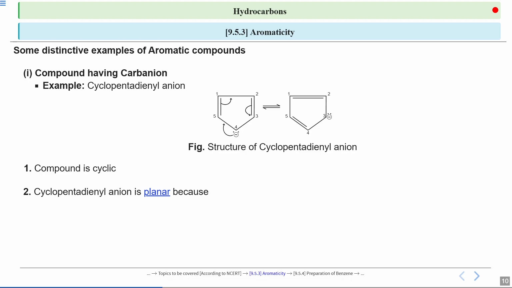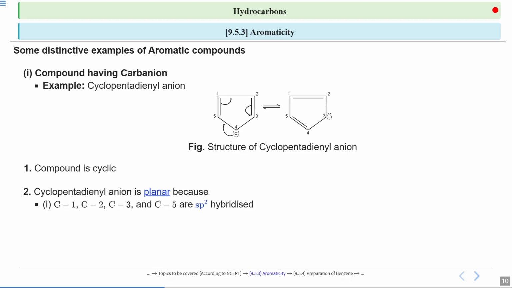This is important because it allows the electrons to overlap and delocalize around the ring, which is necessary for aromatic stability. Here you can see that C1, C2, C3 and C5 are all sp2 hybridized. This means each of these carbons forms 3 sigma bonds and has one unhybridized p orbital.